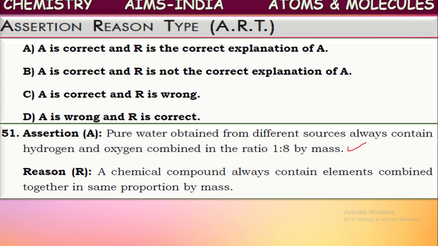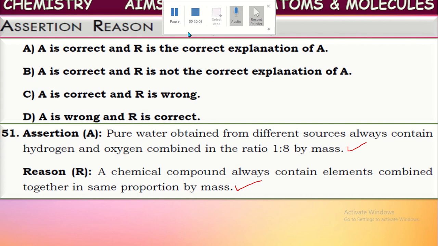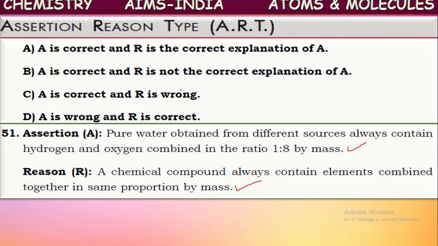And the reason they have given for this statement: a chemical compound always contains elements combined together in the same proportion by mass. Yes, it is correct actually. Reason for that, isn't it? In the formation of a compound, elements always combine in simple whole number ratios, fixed ratios.